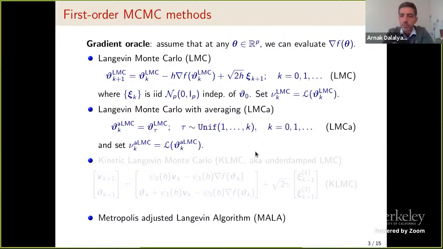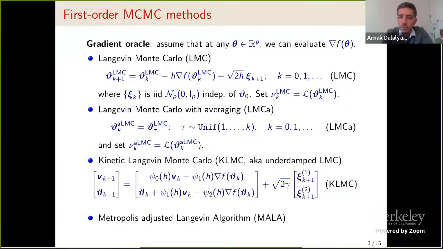A third algorithm that is studied in this framework is the so-called kinetic Langevin Monte Carlo, which is also known as underdamped Langevin Monte Carlo. So the complicated formula is written here. It's not very important to parse this formula.